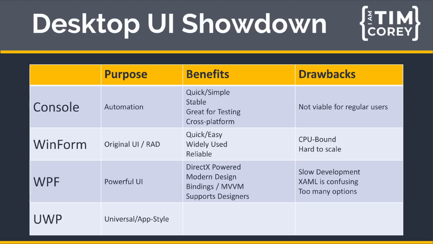Now, I say UWP, it's actually WinRT, sorry. So WinRT came with Windows 8. And then with Windows 8.1, they upgraded it. And then with Windows 10, they went to UWP, which is, again, their attempt to rebrand it a little bit, bring some more things in, make it a little more universal, still trying to get that Windows Phone integration in.